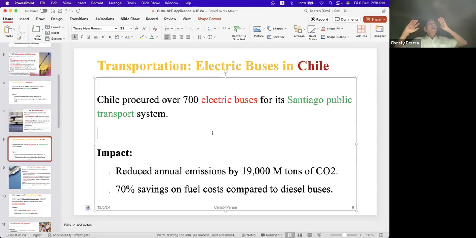I told you all, Chile is practicing sustainable public procurement at a very high rate. That is why it says 70% savings with electric buses.